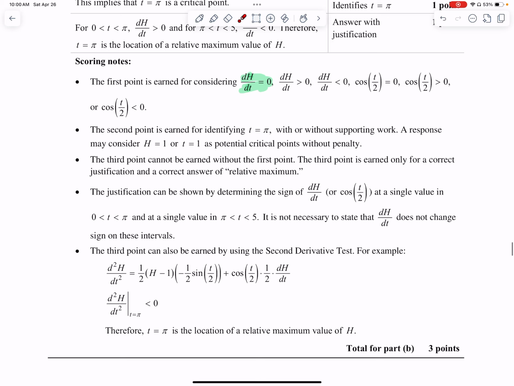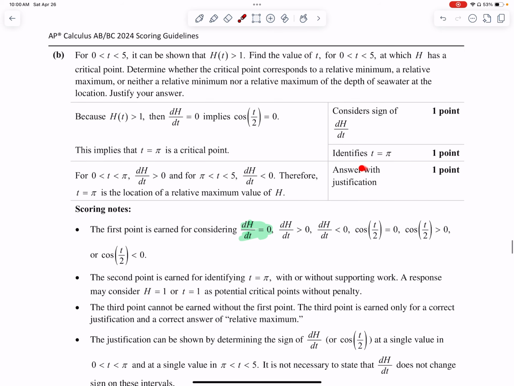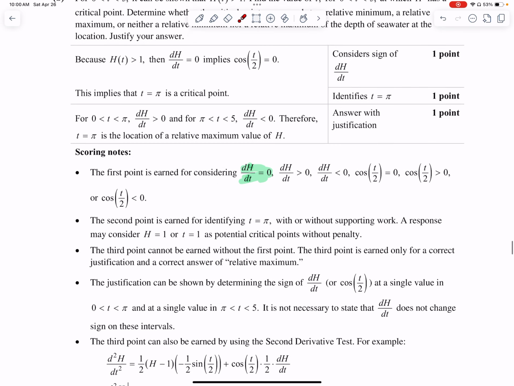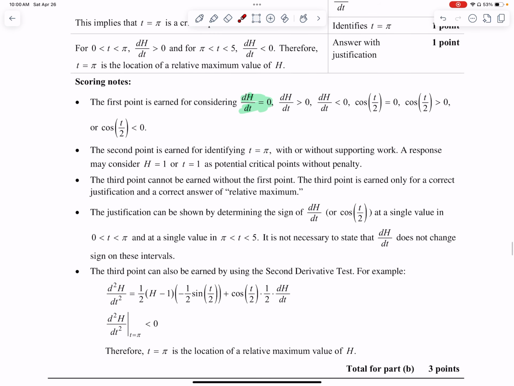Extra information that may be wrong, and they still don't take off for it. Okay, that's fine. Third point cannot be earned without the first point. Third point, that's this answer with justification, cannot be earned without considering the sign of that or saying that the derivative is equal to 0, whatever.